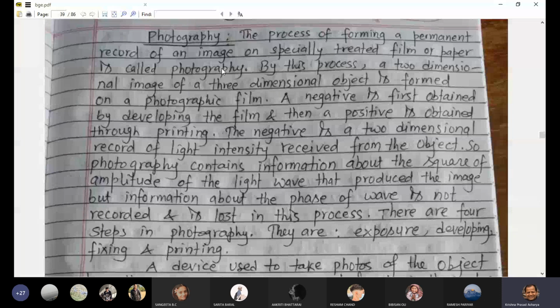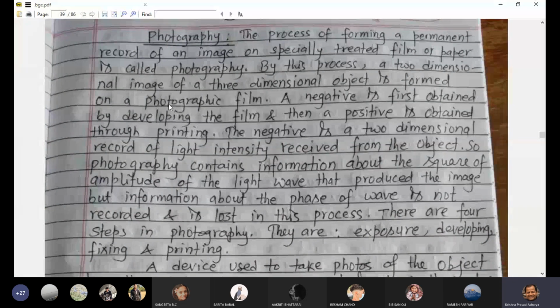And in photography, we take a 2-dimensional image of a 3-dimensional object. अब तिमीले एउटा पेपरमा फोटो बनाउँछौ नि, वास्तवमा अब्जेक्ट 3 डाइमेन्सनल हुन्छ, तर तिमीले एउटा प्लेनमा, एउटा पेपरमा त्यसको चाहिँ इमेज बनाउँछौ. त्यो पर्मानेन्ट रेकर्ड हुन्छ. That is a permanent record of the image. And by this process, a 2-dimensional image of a 3-dimensional object is formed in a photographic film.